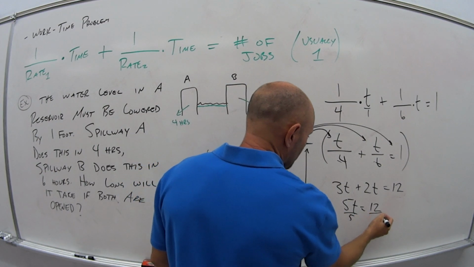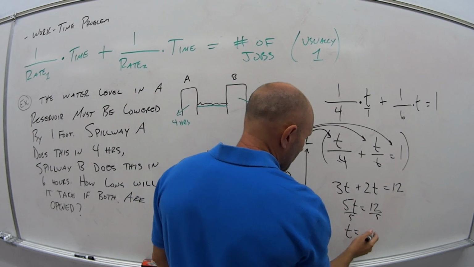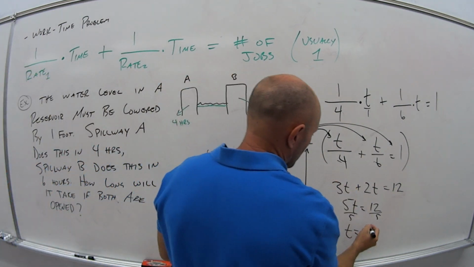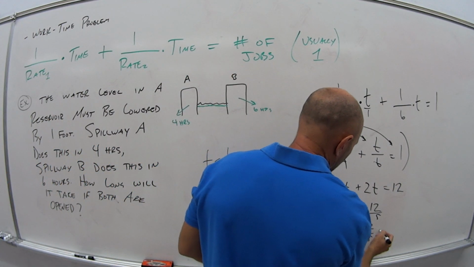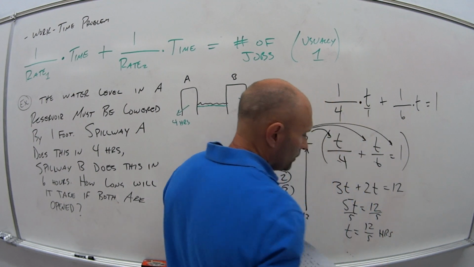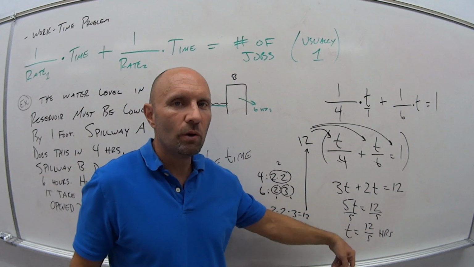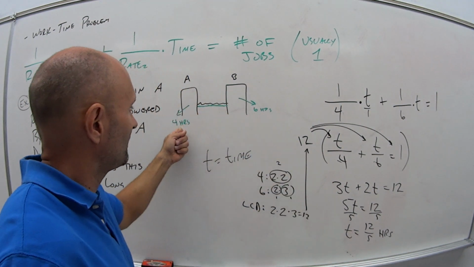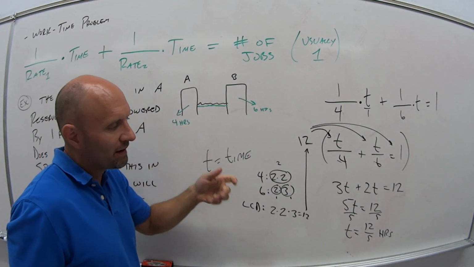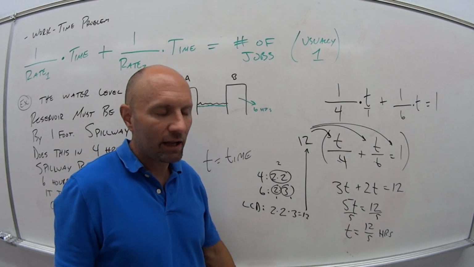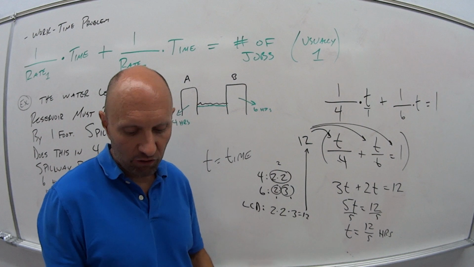Divide both sides by 5. T, the amount of time it would take to drain this if they're both open, is 12/5 hours, which is how much? If I change this to a mixed number, 2 2/5 hours, which makes sense because it's less than 4, so at least logically, I think I have the right answer because it's less than 4, which I expected it to be.